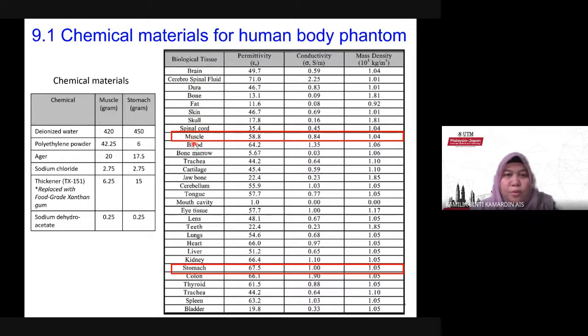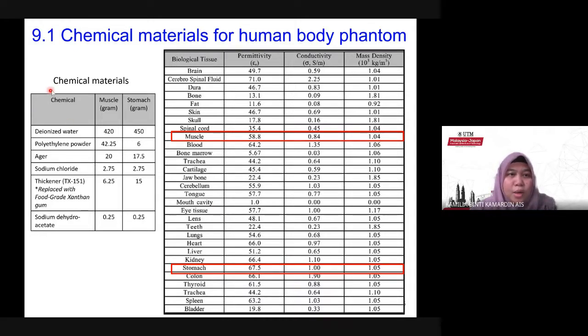So for example, for muscle tissue, the permittivity should be around 58.8, and the conductivity should be around 0.84, with a mass density of 1.04. And for stomach, the permittivity should be around 67.5 with a conductivity of 1 and mass density of 1.05.